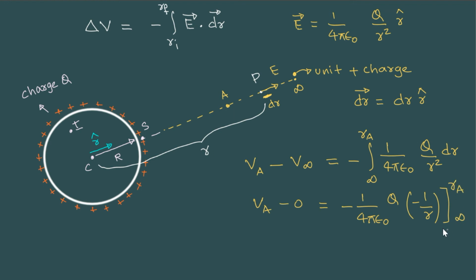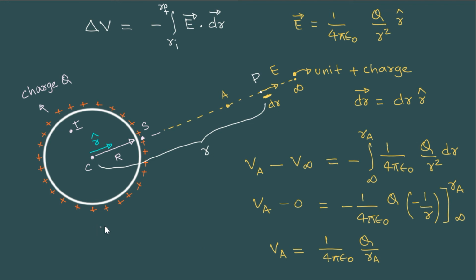If I substitute RA, I'll get 1 over RA, and then infinity becomes 0. So what is the potential of this location A? It is simply 1 by 4 pi epsilon naught q by RA. Okay, so we are done with this.